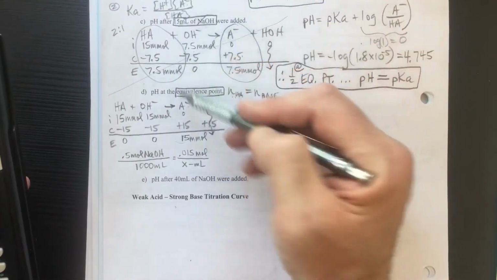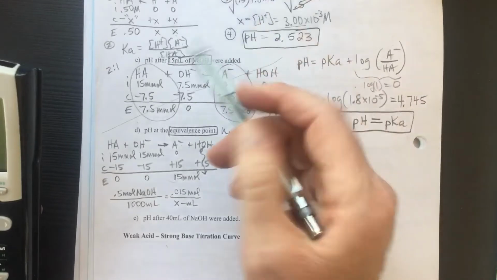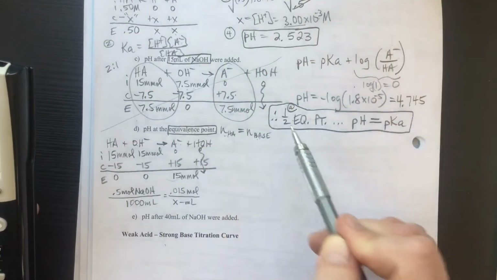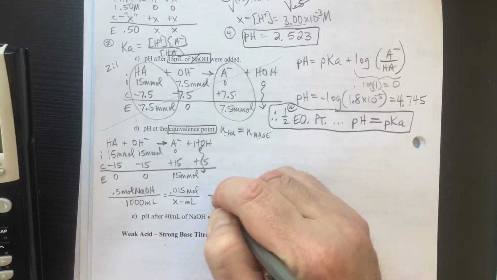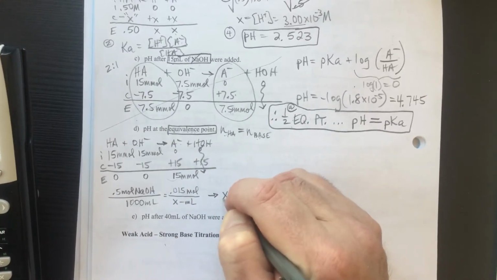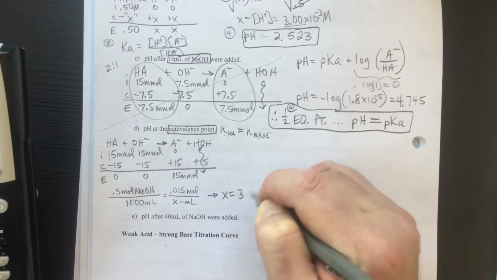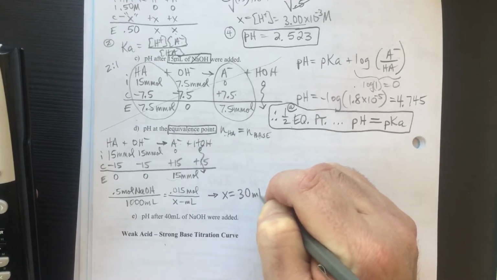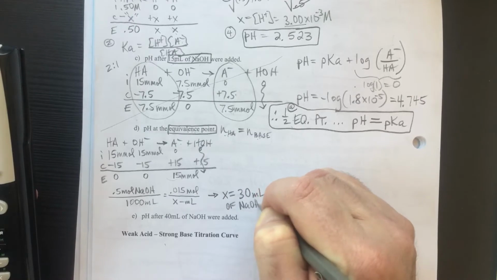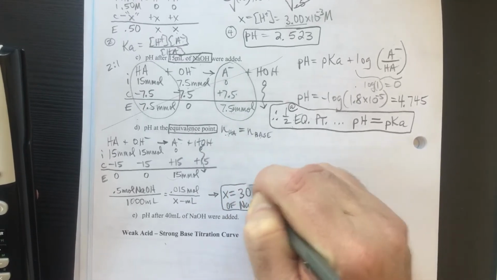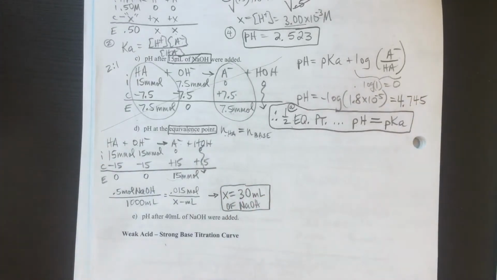I kind of didn't have to do that math, but sometimes based on the numbers we get, now notice 15 milliliters brought us to the half equivalence point. Well, isn't it logical that 30 milliliters would bring us to the equivalence point? So now we know we've added 30 milliliters of sodium hydroxide.